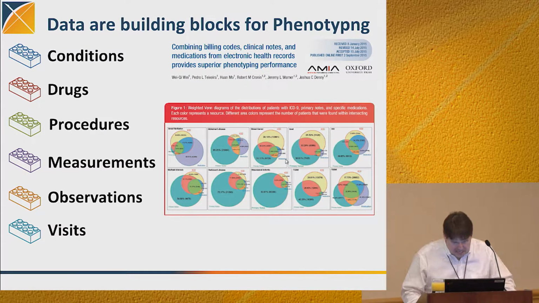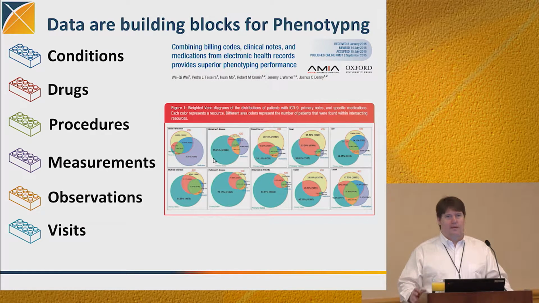It's hard to read on this one, but they talk about MI being better with lab tests, like HbA1c and glucose levels, whereas depression might be something you have to get from notes. So the point here is that the more data you can leverage in your phenotyping, the better and more robust it can be to isolate the type of population you're trying to build.